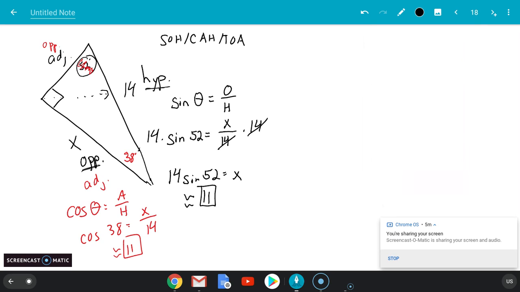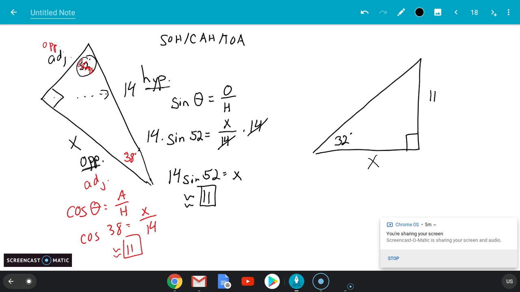So let's say I have a triangle that looks like this. Okay, and I'm given this angle here, we'll say 32. We'll say this side here is 11, and this is the side we're trying to find.